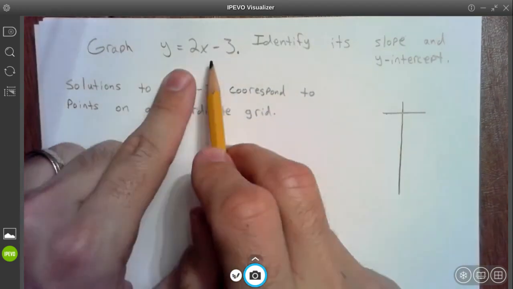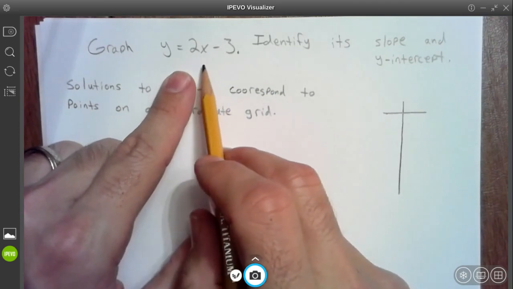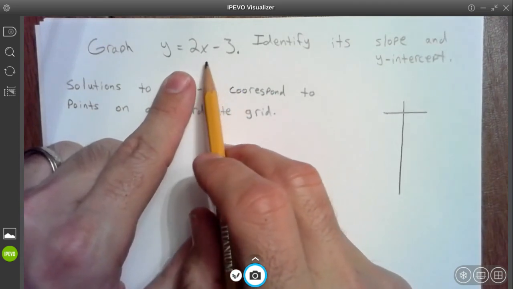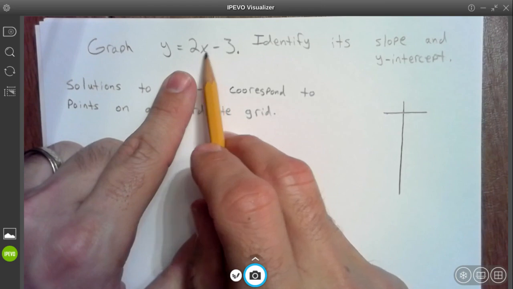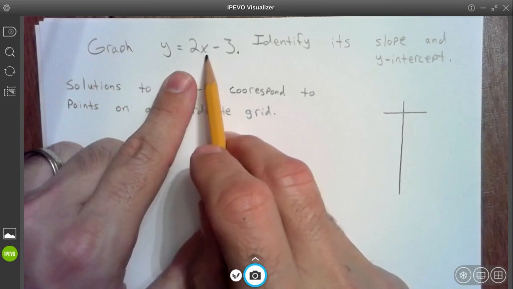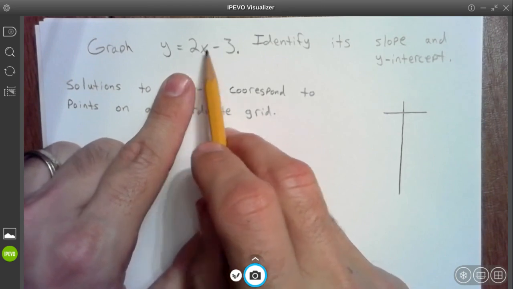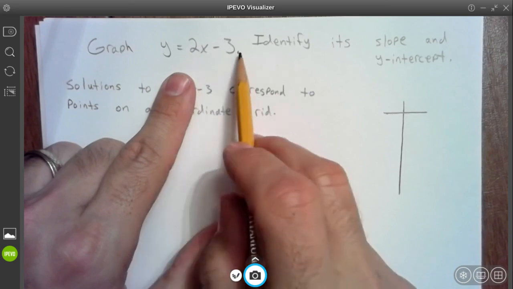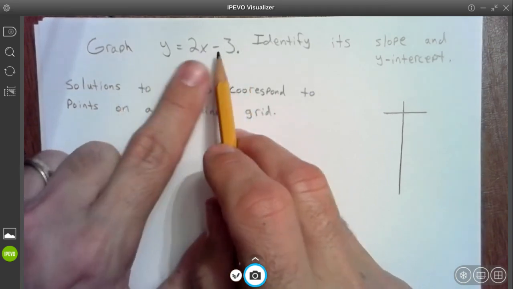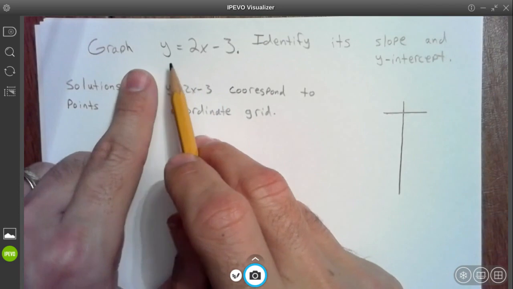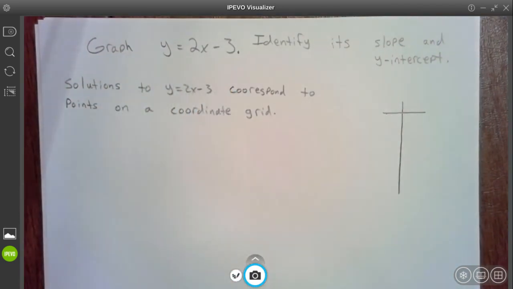There are infinitely many solutions. Like if x is 5, 2 times 5 is 10, and 10 minus 3 is 7.